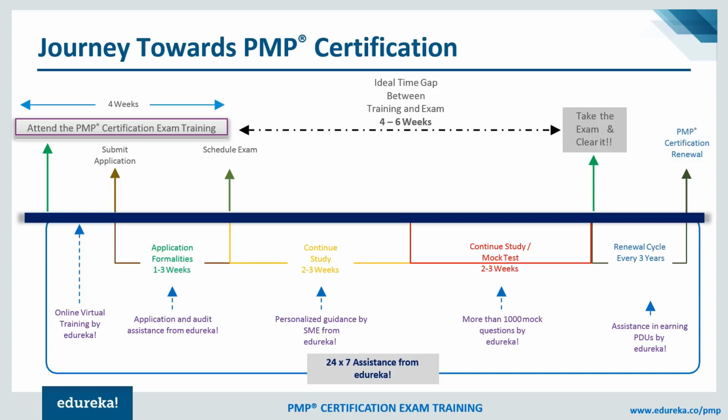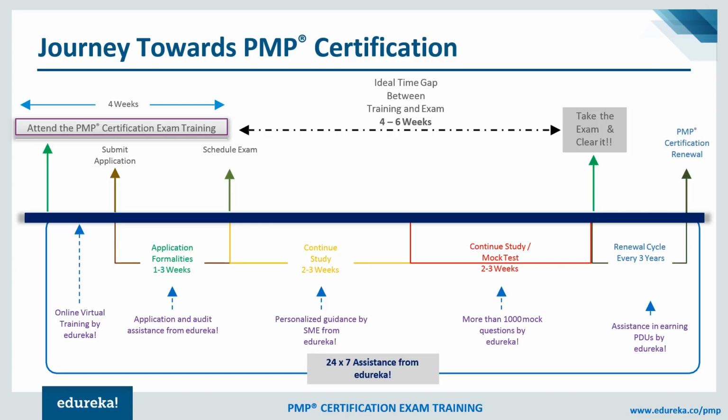So to apply for the PMP examination, we have an Excel-based tool, which will help you document all your project management experience. Before you submit your application, you can create that offline version, and this will help you keep an eye on whether your application is correct or not. You can send that to me, we can review that, and we can let you know what corrections you need to make.